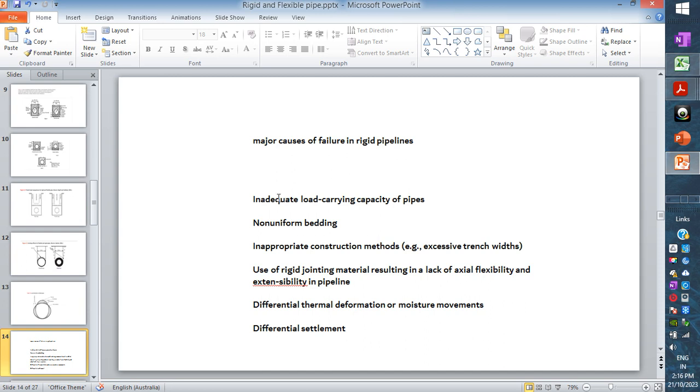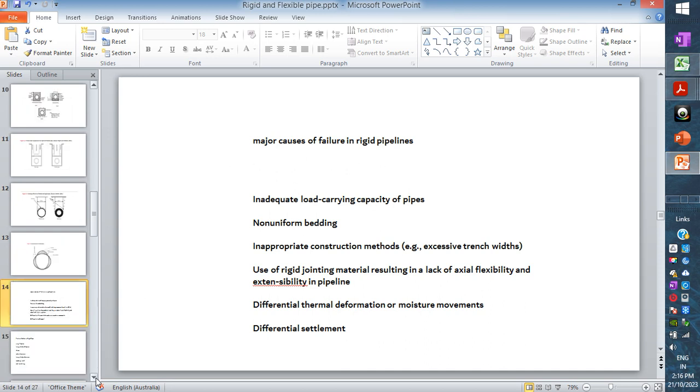So usually you will see that they, from non-uniform bedding all the way to differential settlement, are contributing factors on the construction side, whereas load carrying capacity is more of a defining factor for the design office side of it.